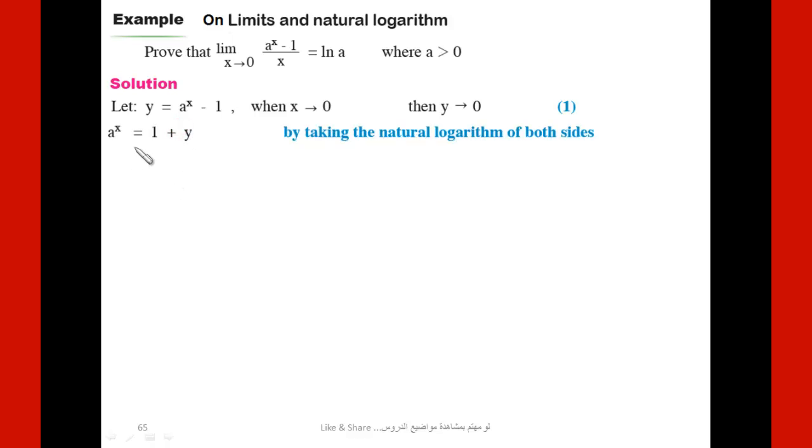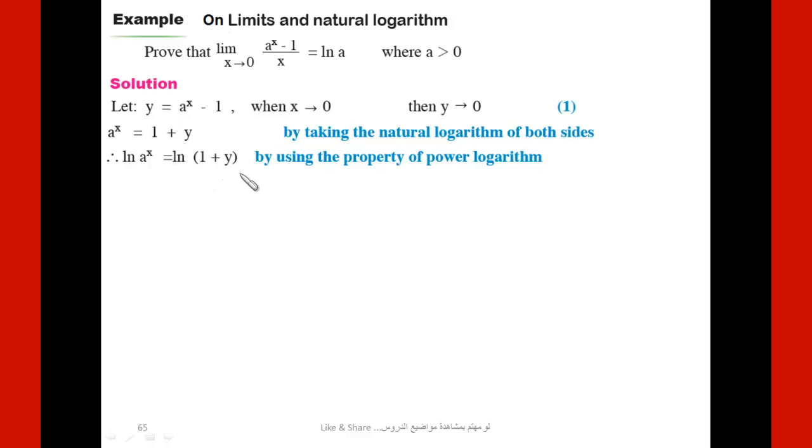A power x equals 1 plus y, and from this we can write a power x equals y plus 1. Then we take the natural logarithm of both sides. So ln a power x equals ln of 1 plus y.